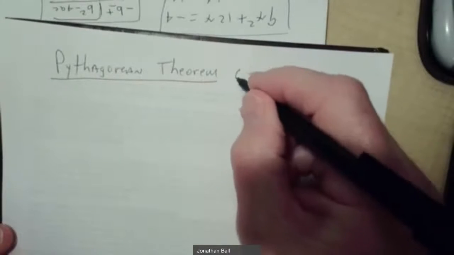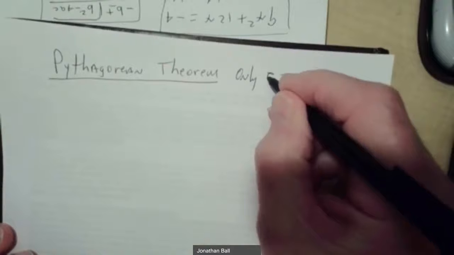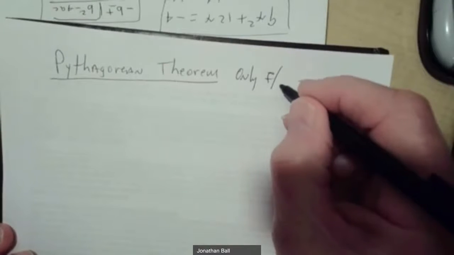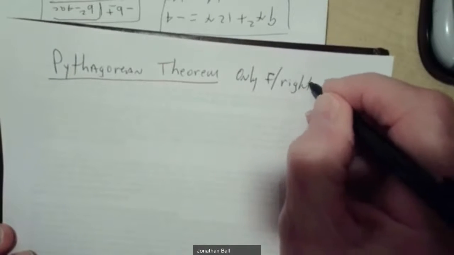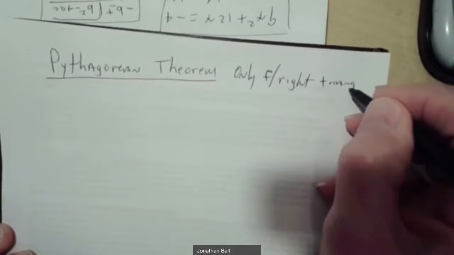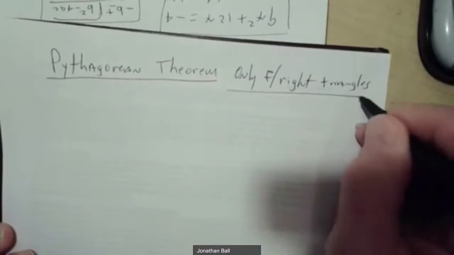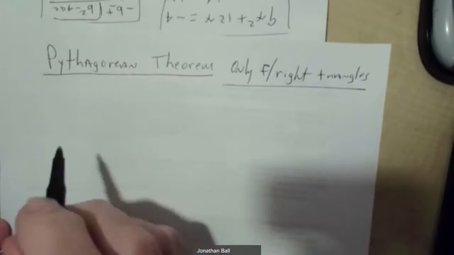Now, this only works for right triangles, only for right triangles. The F slash here means 4.